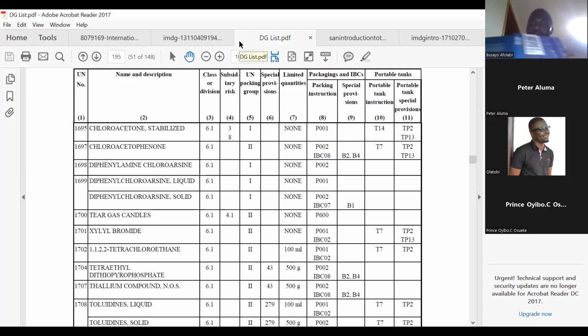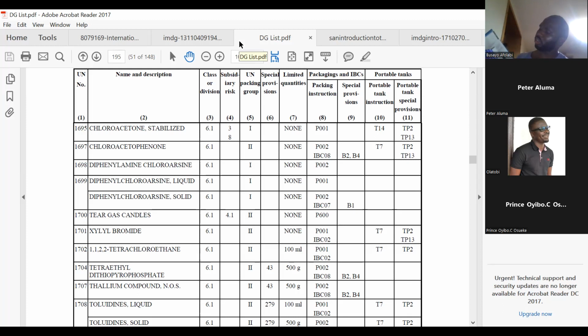So I opened my IMDG code, and for the special provisions, you will still find it in volume 2. In volume 2, we have the DG list and the special provisions. Immediately after the DG list, you come down to the last section, where it says special provisions applicable to certain substances, materials, or articles.